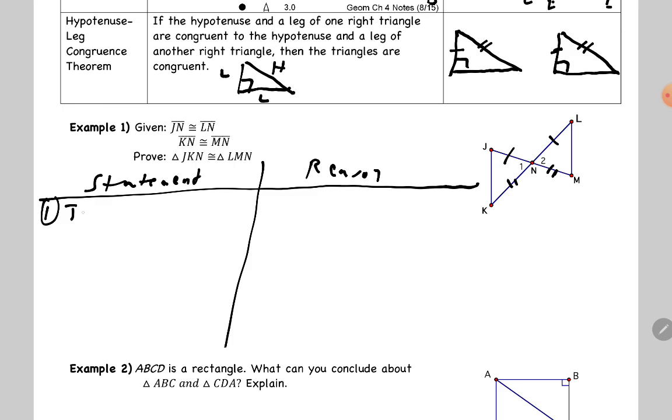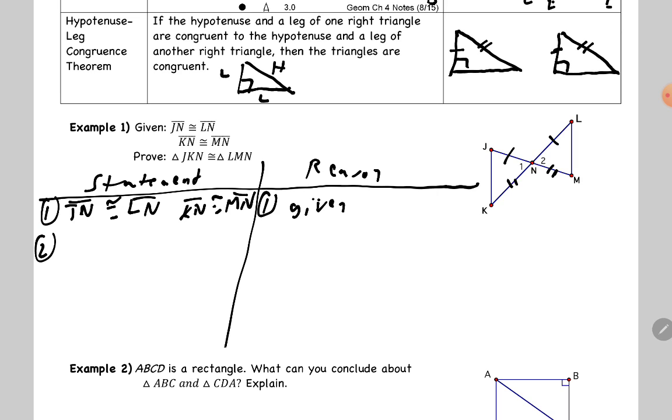JN is congruent to LN. Given. And let's also tack on KN is congruent to MN. Those are given.